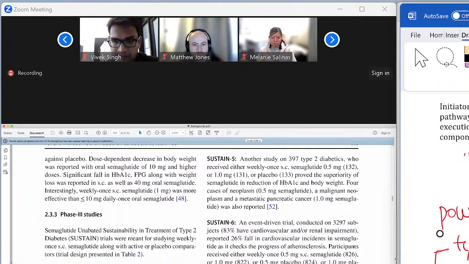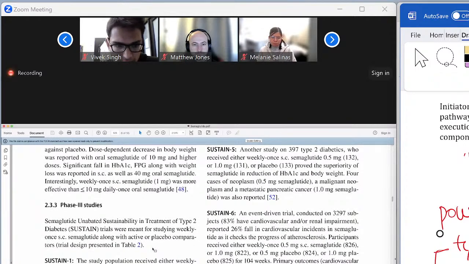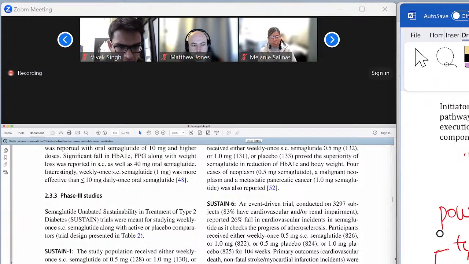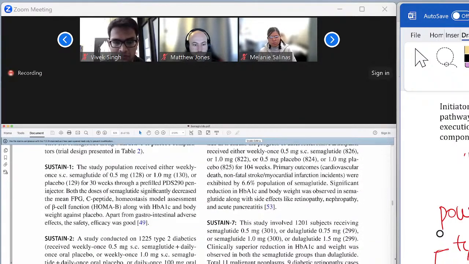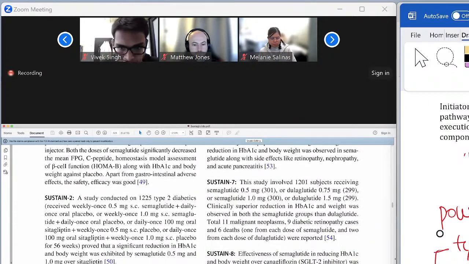Now, when you go to phase 3 studies, these are really large studies with thousands of subjects. Here it's 1200, here it's 3200, 1200. And they're looking for effectiveness.